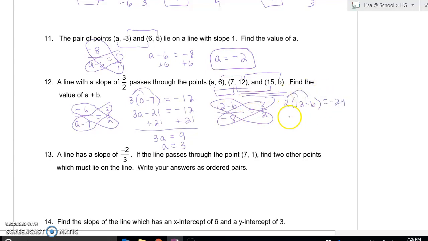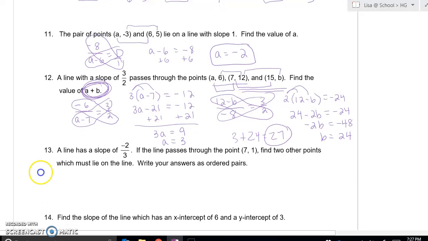Distribute the 2. 24 minus 2B equals -24. I'll subtract 24 from both sides for -48 and divide by -2. I get 24. To answer the question, what's the value of A plus B? 3 plus 24 equals 27. That's the answer to number 12.